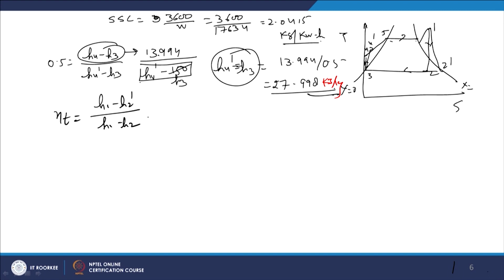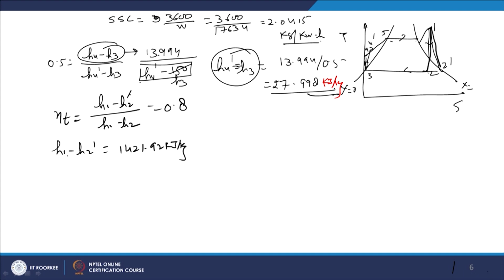Now H1 minus H2 is already with us, so from here we will get H1 minus H2 dash.